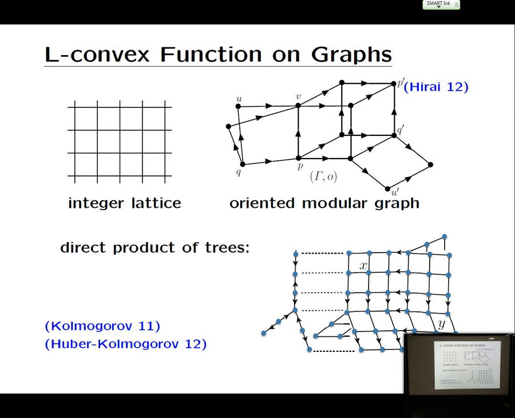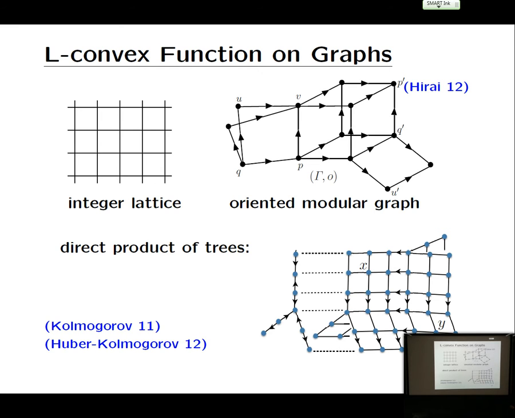So here we have a direct product of two lines. That gives us a two-dimensional integer lattice. So instead of a chain, we consider a tree and another tree here. Not necessarily isomorphic, two independent trees. And you consider the direct product.